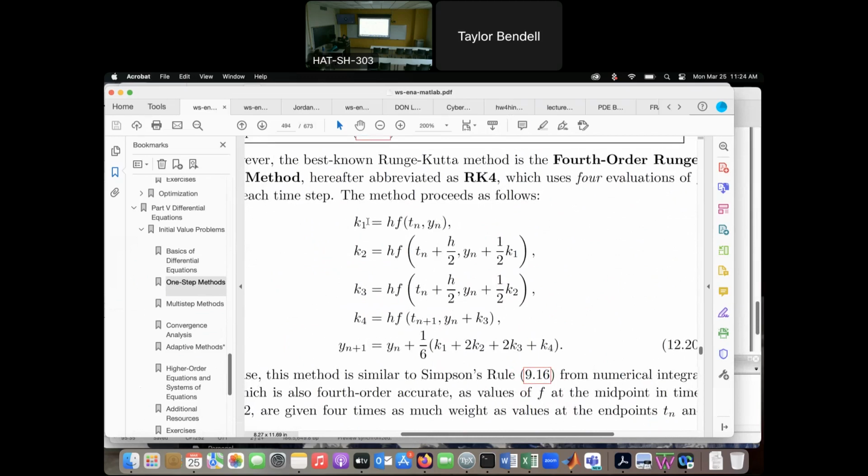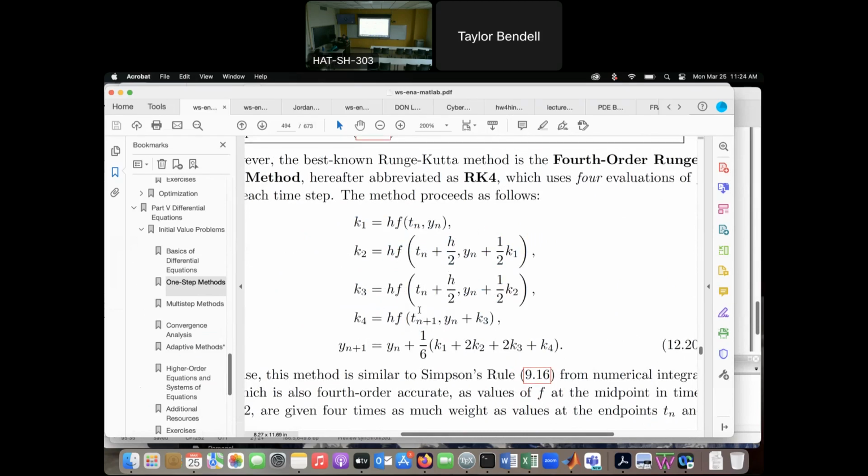Here we have the same stage, k1, as in the other two methods that I showed you. This is the same as the second stage from the midpoint method. But then here we approximate the time derivative at tn plus h over 2 again, but with a different y value that's using k2 instead of k1. And then here we use an approximation of a time derivative at time tn plus 1.